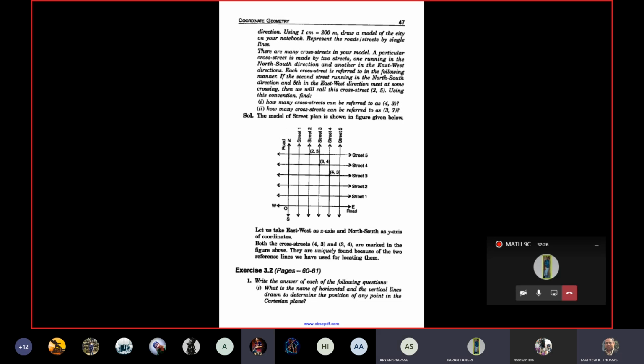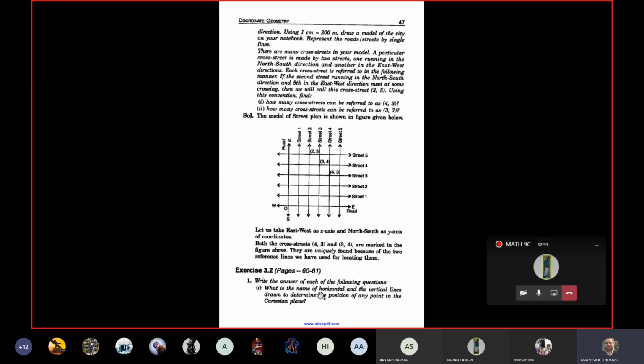Abscissa and ordinate? That is not it. We are talking about the lines. Abscissa and ordinate are the coordinates. They are asking about the lines. What is this line called? The horizontal line is called what? X-axis. And the vertical line is called y-axis.